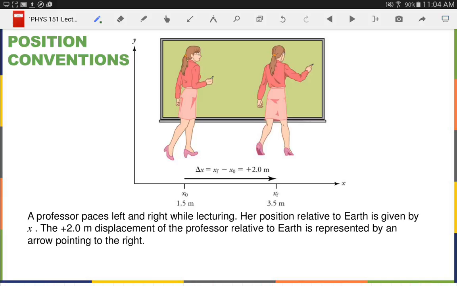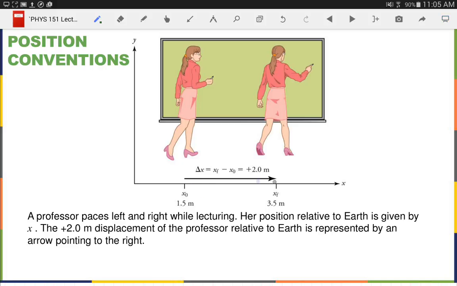So in one dimension, we can actually specify our vectors using the plus or minus sign for the direction. With one-dimensional problems, they often will say, my x vector is plus 2 meters, or my x vector is minus 3 meters. The plus sign means to the right, the minus sign means to the left. So you actually have direction in that.